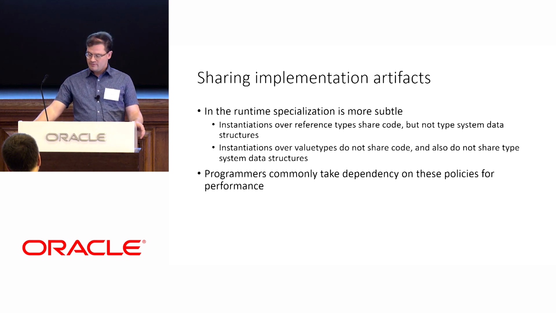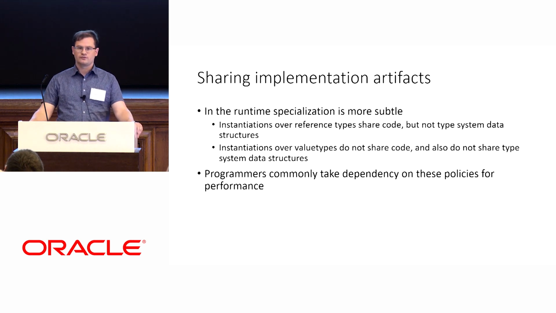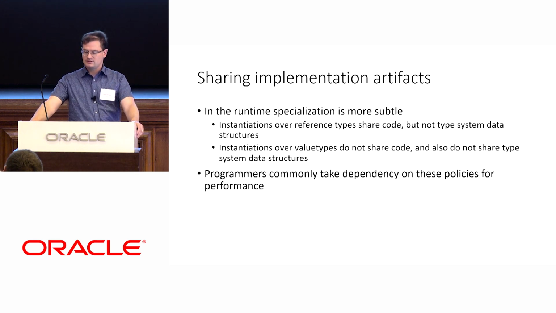As I said in the previous slides, generics are always logically specialized in .NET. There's no erasure that occurs in the .NET generics model, both for reference types and for value types. But in practice, while the runtime must specialize the type system data structures for all of these types, the runtime does not actually generate specialized code for instantiations over reference types. In particular, the core CLR runtime specializes codegen for value type instantiations, but not for reference types.